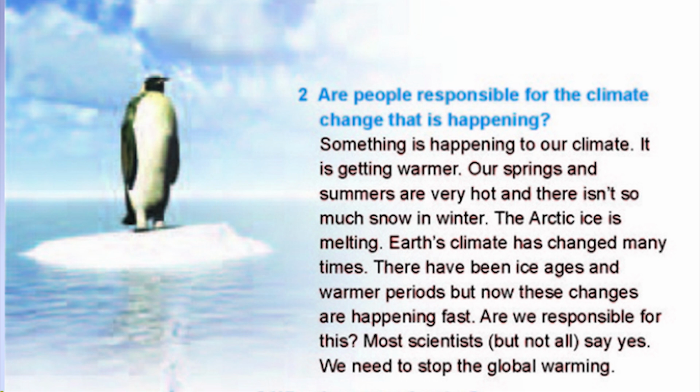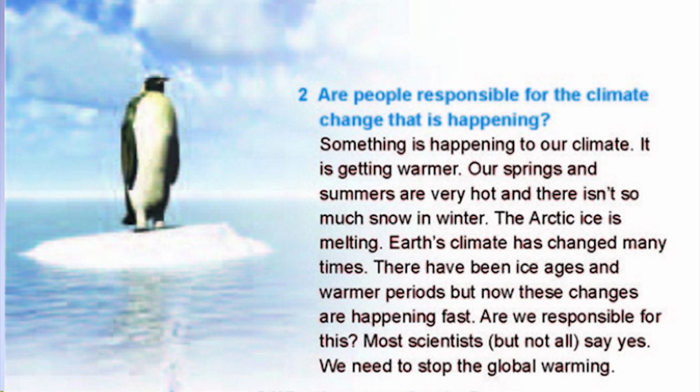Let's read it together. Something is happening to our climate. It is getting warmer. Our springs and summers are very hot, and there isn't so much snow in winter. The Arctic ice is melting. Earth's climate has changed many times.